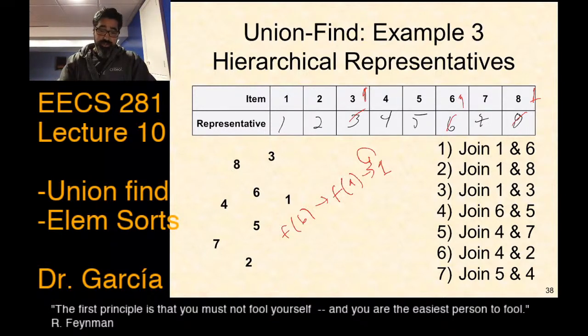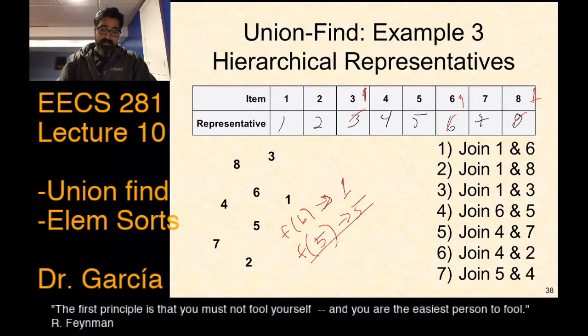So in short, I'm going to write this as 1. And then find on 5 gives me 5.